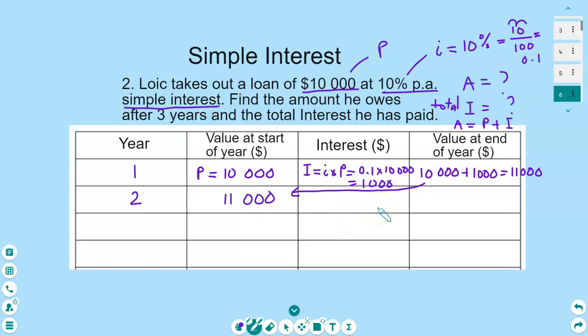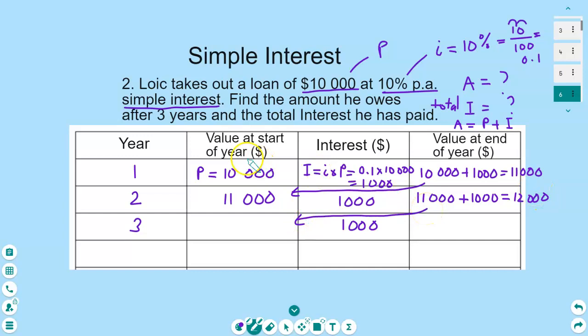And like I said, with simple interest, we have the same amount of interest every year. So I'm just going to fill that in for all 3 years. Okay. Now, again, let's look across this row. The value at the end of year 2 is going to be your principal plus your interest. 11,000 plus 1,000. 12,000.